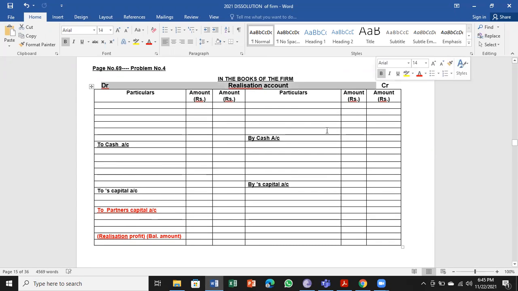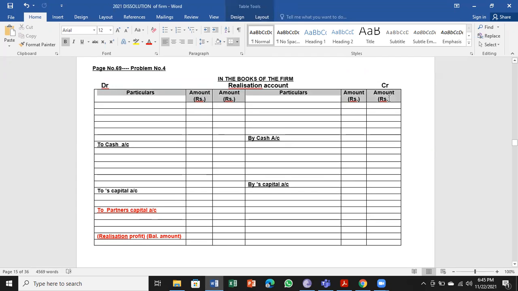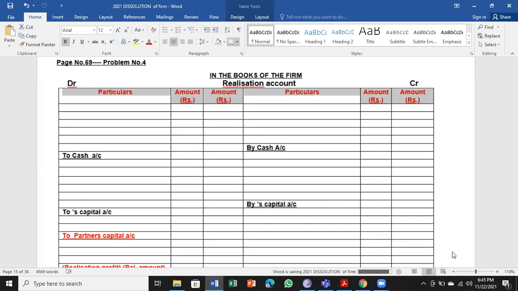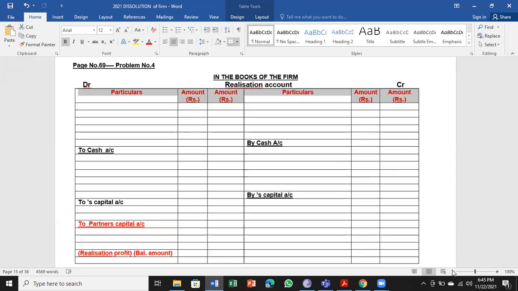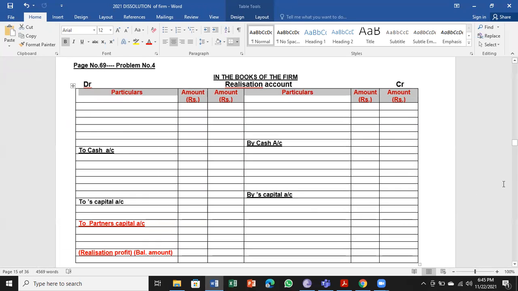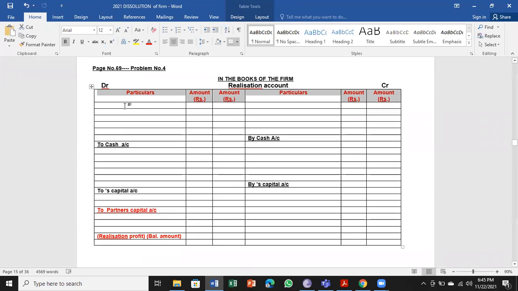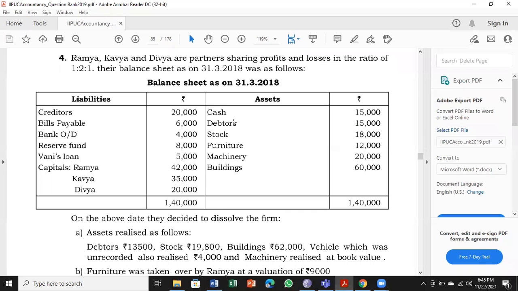realization account. Format is ready with me. Particulars and 2 amount columns. Getting into the first asset, transfer all the assets to the debit side of realization account.